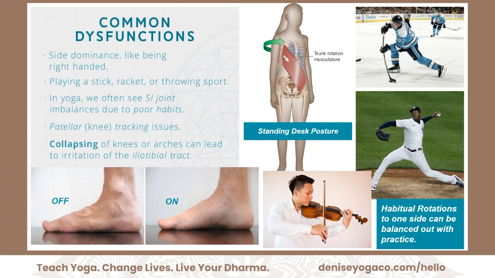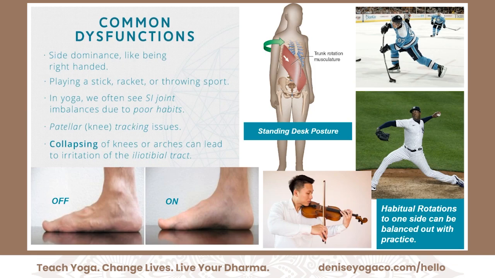Another thing we see in yoga, because we're not usually throwing things, except blocks at the teacher maybe occasionally, is SI joint imbalances and things like that. So, we want to make sure that we know how to stabilize the pelvis, and that the pelvis is allowed to follow spinal movement.